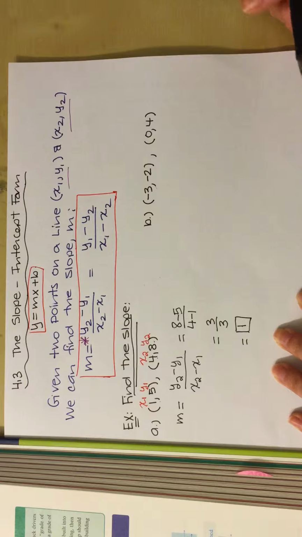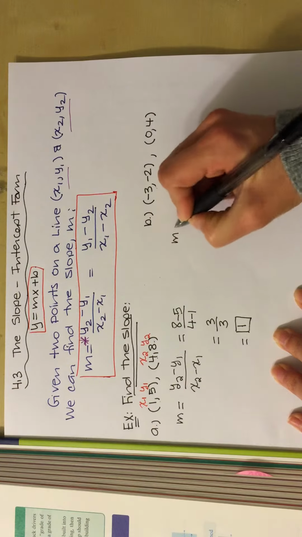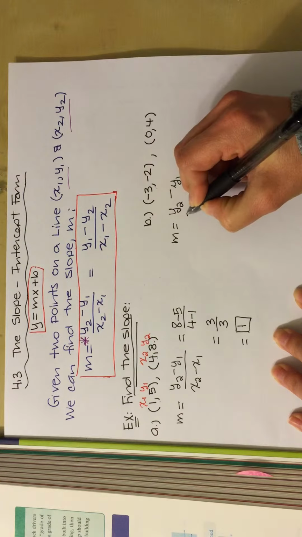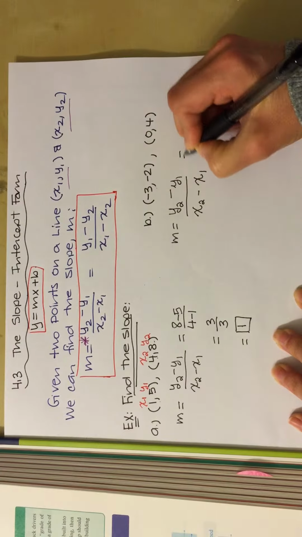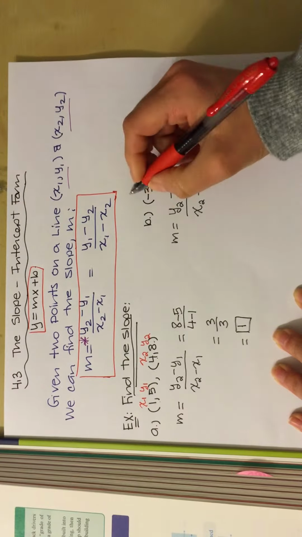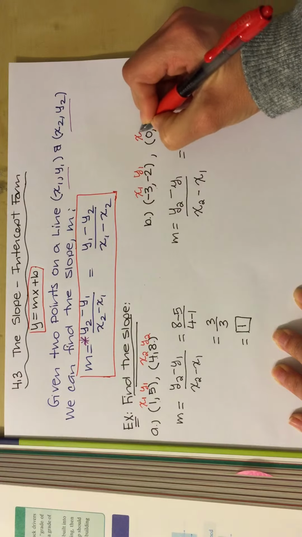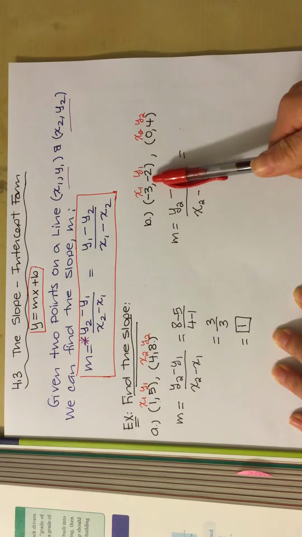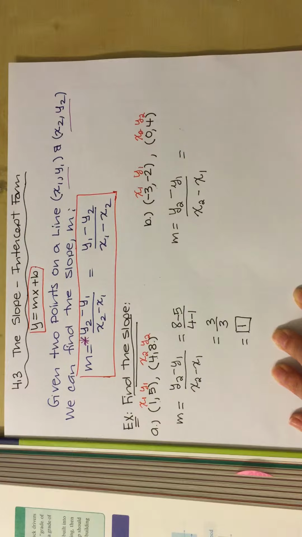So be careful with the negative signs, as you will see in example B. So again, y2 minus y1 divided by x2 minus x1. And also let's label our points, x1, y1, x2, y2. The 1 and 2 for these points just means point 1, point 2, that's all that means.